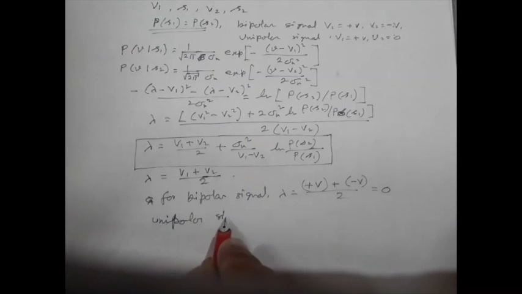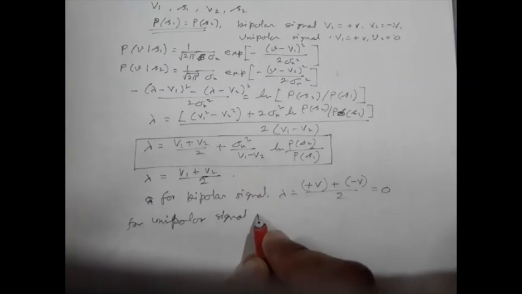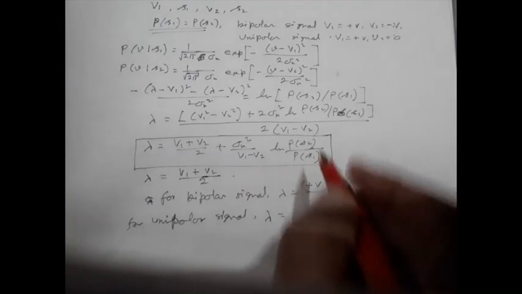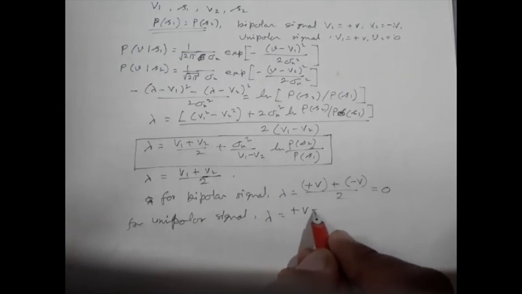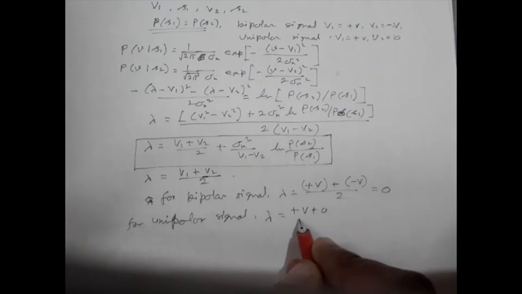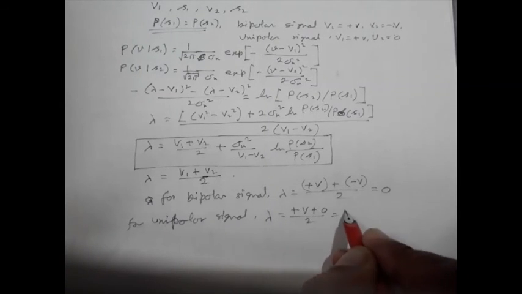And for a unipolar signal, V1 equal to plus V, V2 equal to 0. So (plus V plus 0) by 2 equal to V by 2. So for a bipolar signal, the threshold will be 0.